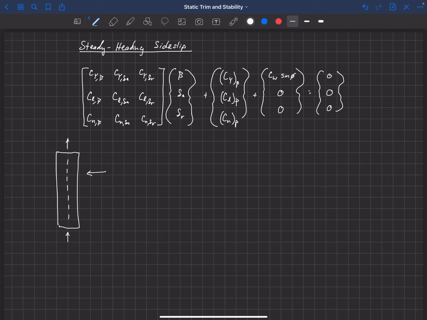If they want to keep their aircraft, and I'll just draw a simplified airplane here, so let's say that they want to keep their aircraft nose aligned with that runway. If there's some side slip here, now remember that because of this, there's some non-zero beta. Well, if that's the case, then they are also going to have to bank the aircraft, okay? And so I'll just draw from the back of this aircraft.